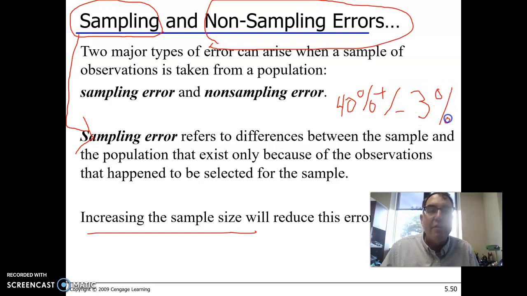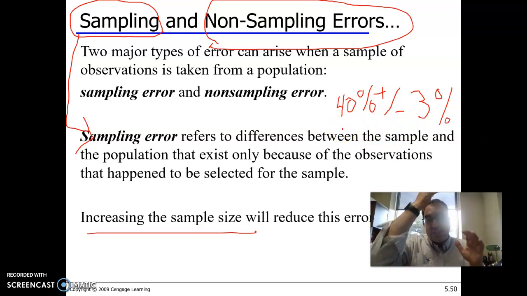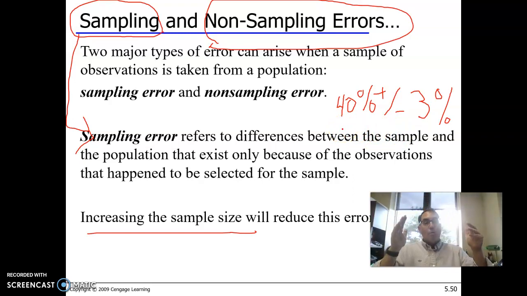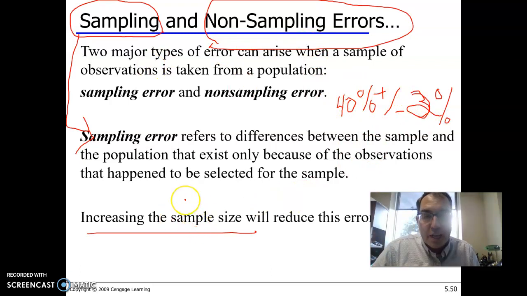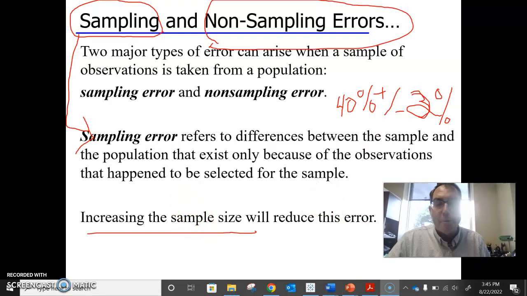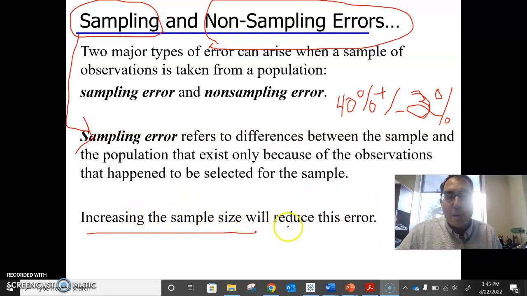We didn't talk to every man, woman, and child in the United States, so we say it's somewhere between 37% and 43%. That's me trying to account for that sampling error. If I sampled more, maybe that sampling error would be 40% plus or minus 2%. So I can reduce sampling error by sampling more. That's an important point. Increasing the sample size will reduce sampling error. So sampling error is the first category.